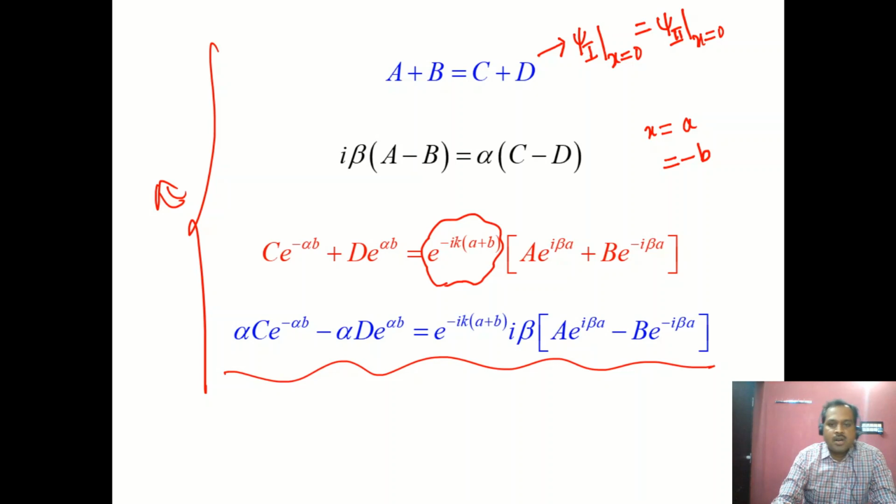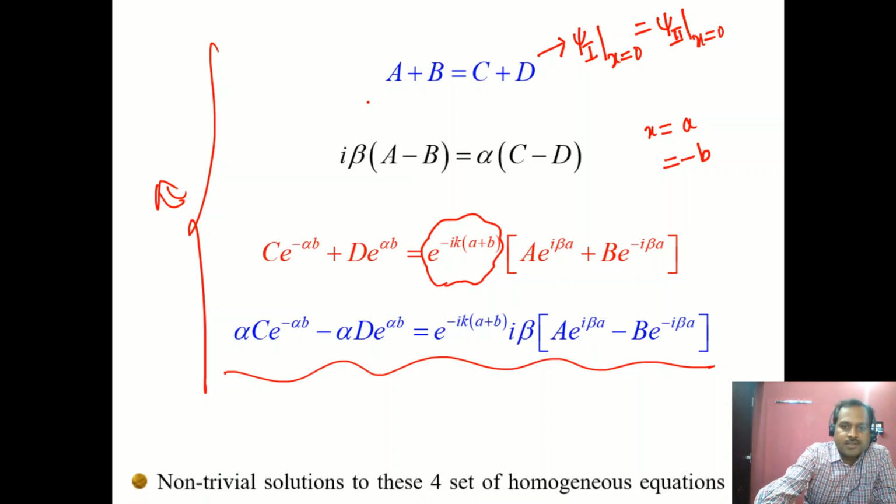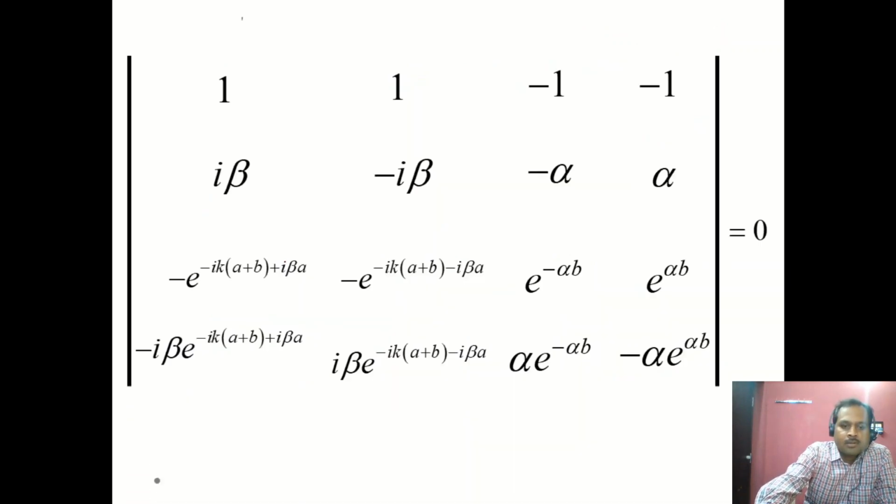And under what condition will the non-trivial solution exist? For that, the associated determinant of these constant coefficients, the parameters multiplied with them, has to be 0. That means this particular determinant has to be 0, then only this non-trivial solution will exist.